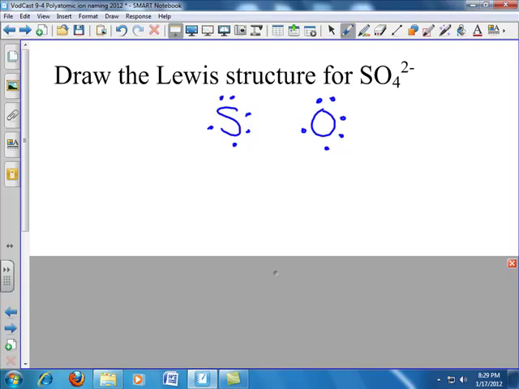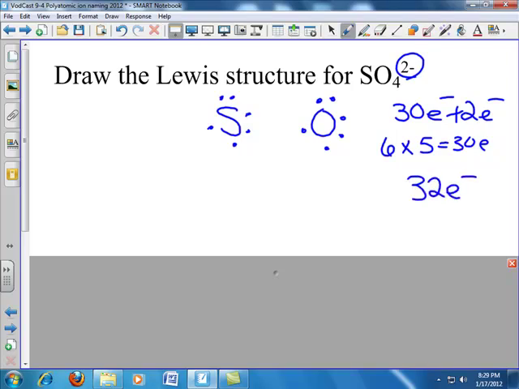So basically what I have here is 30 electrons that I have to deal with, because each of these has 6 electrons, and 6 times 5 is 30 electrons. But then this 2- right here means I get 2 more electrons, so I have a total of 32 electrons.